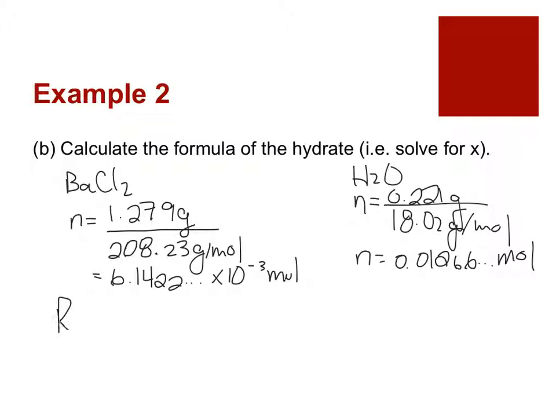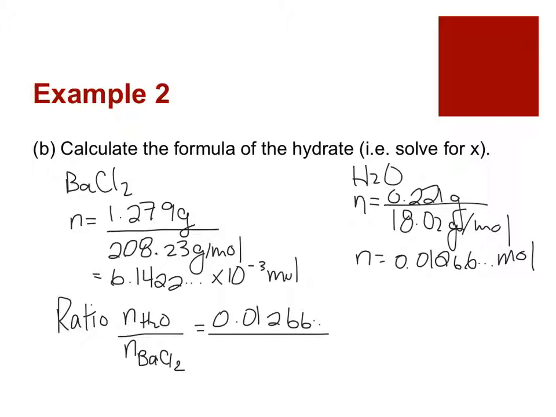Okay, so then let's look at the ratio of the two. We're always going to set it up as the moles of water over the moles of our anhydrous salt, so in this case our barium chloride. And we're just going to take our two values from above, so 0.01266 divided by 6.1422 times 10 to the minus 3, which gives us an approximate ratio of 2, or 2 to 1.